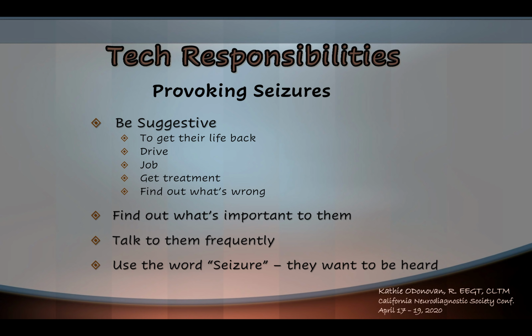Oh, wow, gosh. And they're telling you that they just got their driver's license and then it got taken away, or all these interruptions to their life, and their friends are thinking they're weird, and their job got affected, and they're scared they're going to have one at their job, and they're upset because the medication they've been given isn't working.